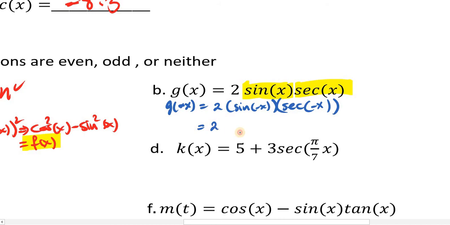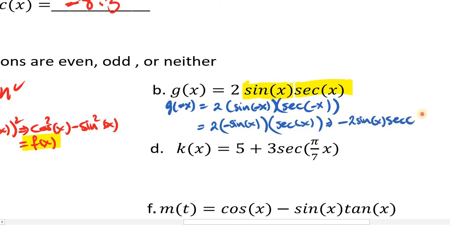This is equal to 2 times negative sine x, since sine negative x is negative sine x. Secant negative x is secant x, because this is an even function. So I can rewrite this as negative 2 sine x secant x, which is exactly negative g of x. So since g of negative x is equal to negative g of x, that means this function is odd.